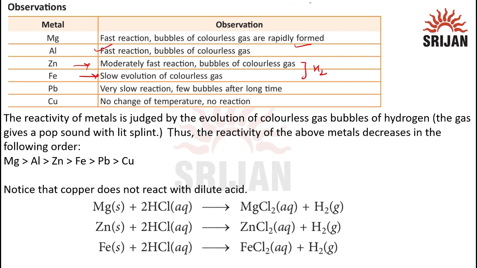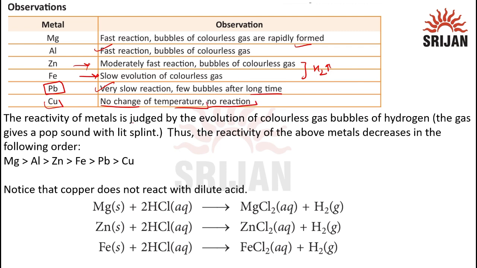In both cases, hydrogen gas is evolved, right? But lead reacts very slowly with HCl, and a few bubbles appear after a long time. But in case of copper, there is no change in the temperature, or we can say that no reaction occurs.